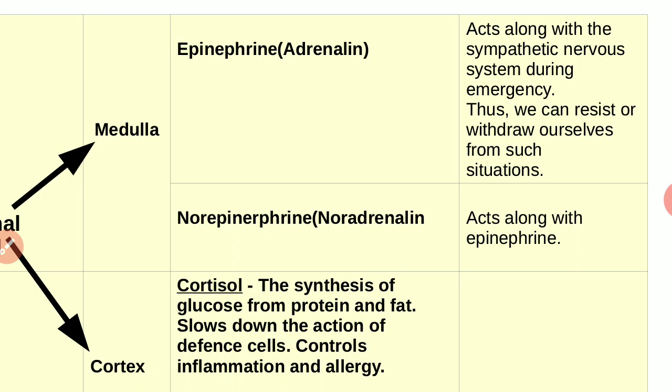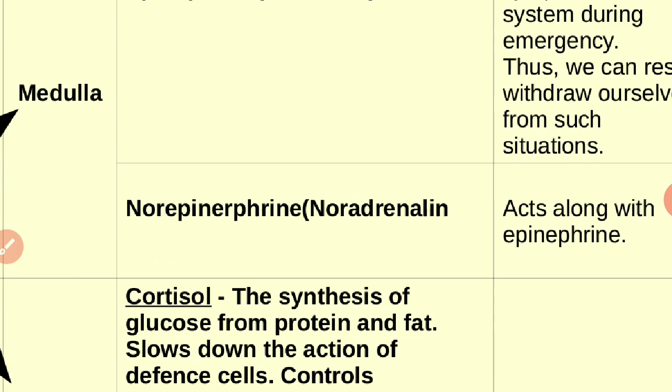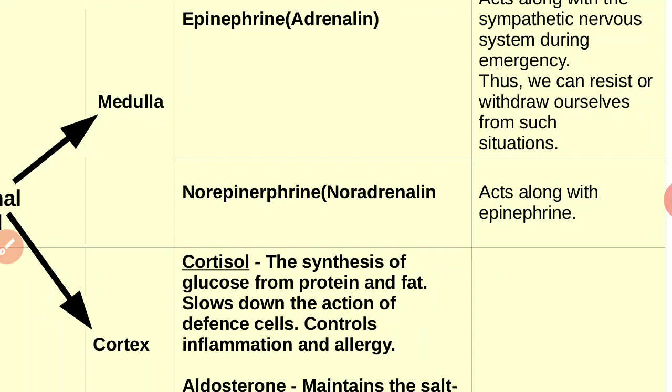In short, along with the sympathetic system, epinephrine helps during emergency, and helps to resist or withdraw from emergency situations. Then the other hormone, norepinephrine, acts along with epinephrine.